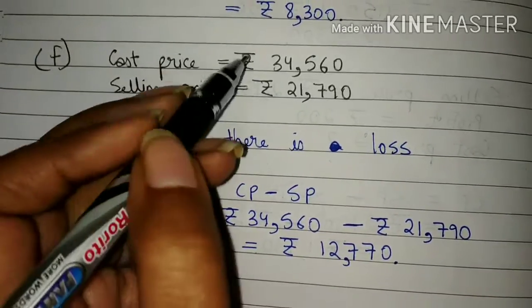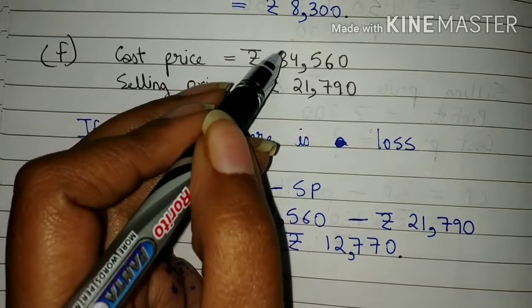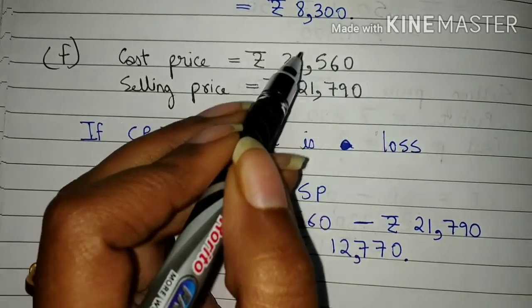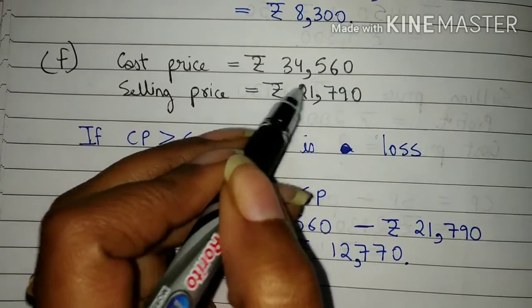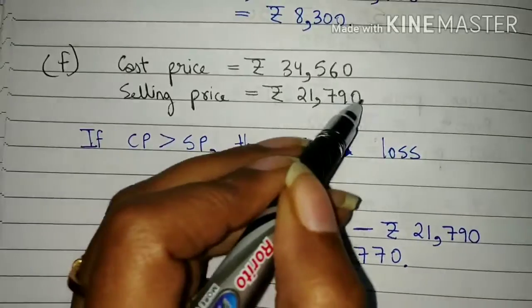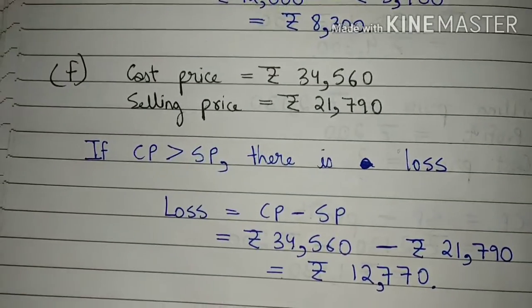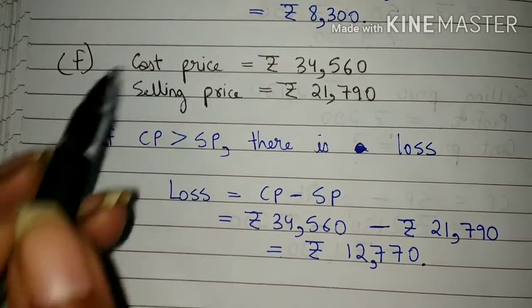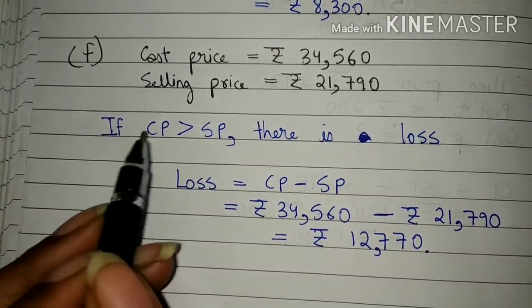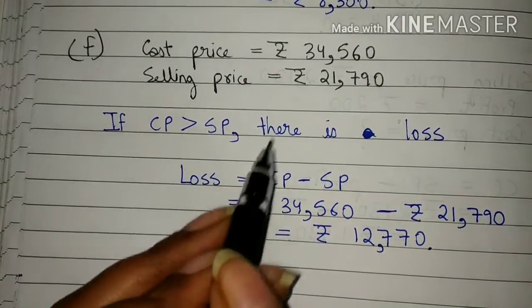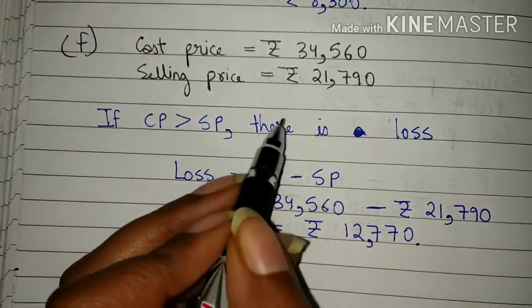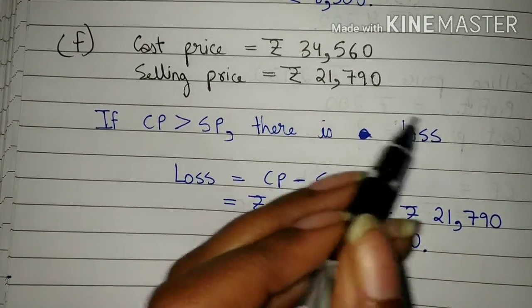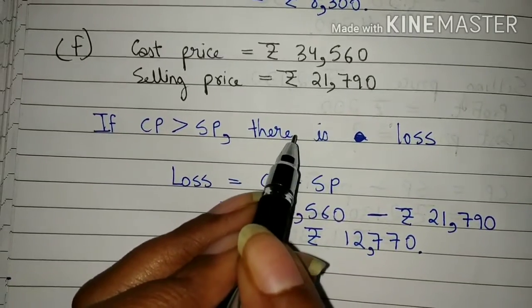Now students, when you compare these two prices, you will see that rupees 34,560 is greater than rupees 21,790. Students, it means cost price is greater than selling price. Students, we know that if cost price is greater than selling price, then there is loss. So, in this, we have to calculate loss and we don't have to find out profit.